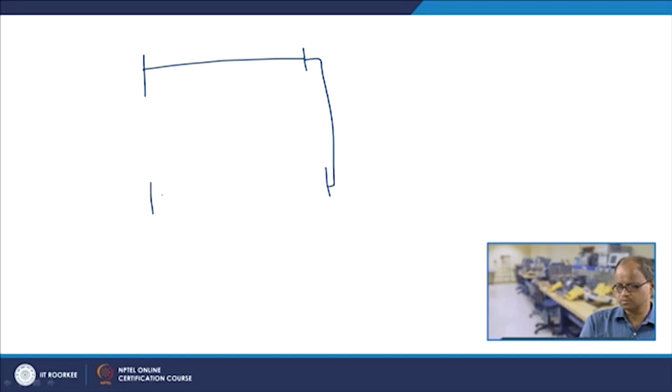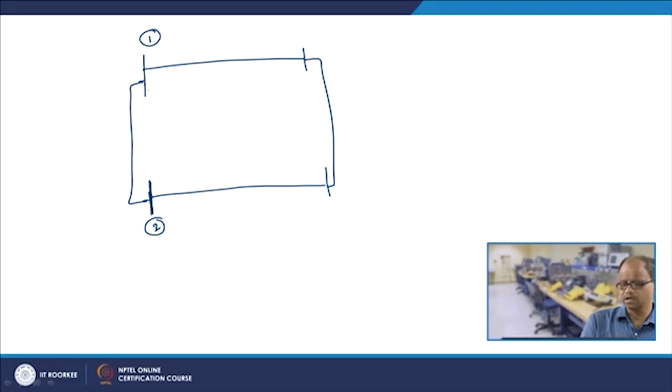So, what does it exactly mean? Let us take a very simple example. This is bus 1, bus 2, bus 3, bus 4. These thick lines are buses, nothing but the junction points.